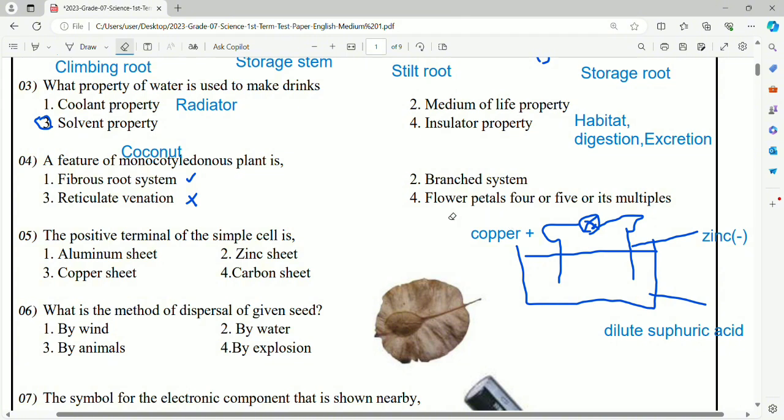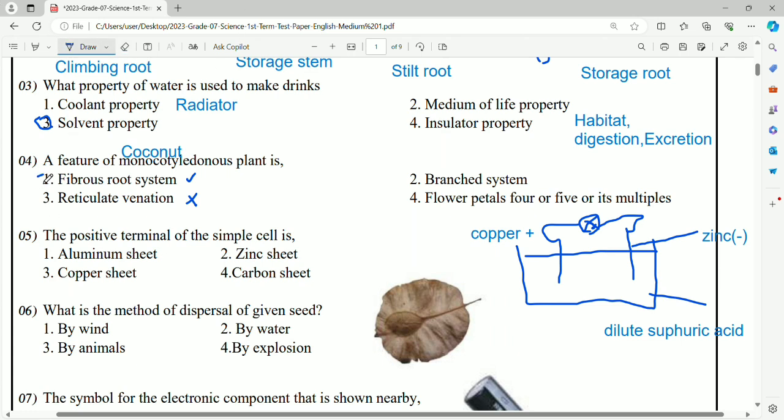And flower petals 4 or 5? No, a coconut flower has 3 petals, because of that we say trimerous plant. So here the answer is fibrous root system.